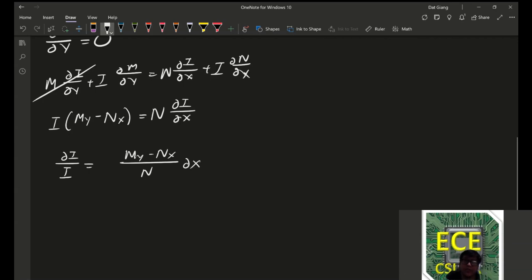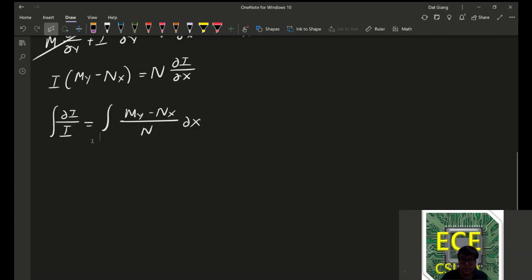Because we imposed the condition that this is only dependent on x, this can be treated as if it was just a dx. So our integrating factor is the exponential of the integral of My minus Nx divided by N dx.